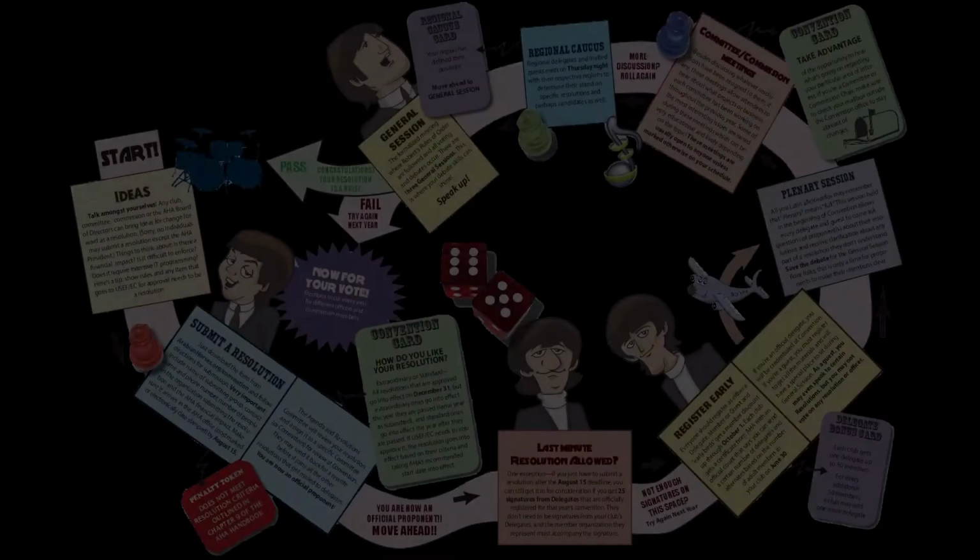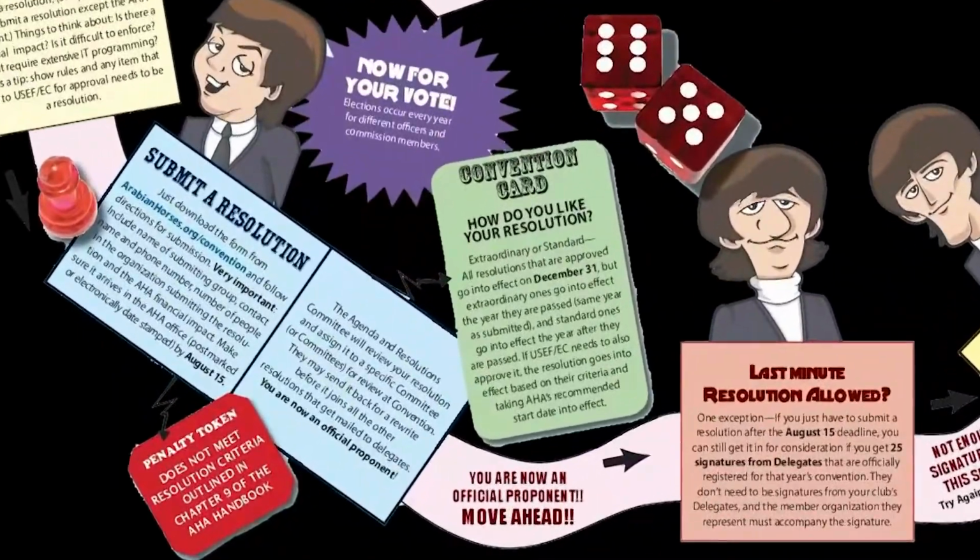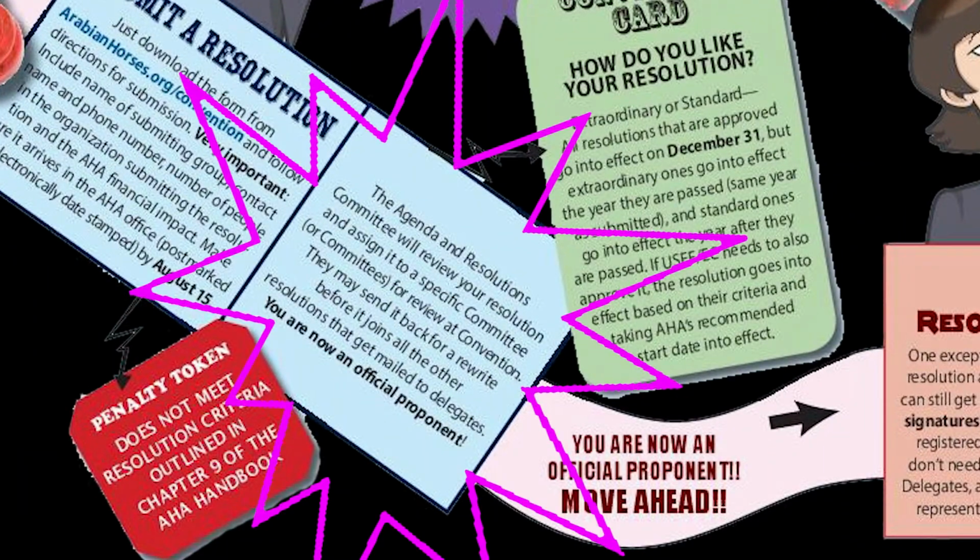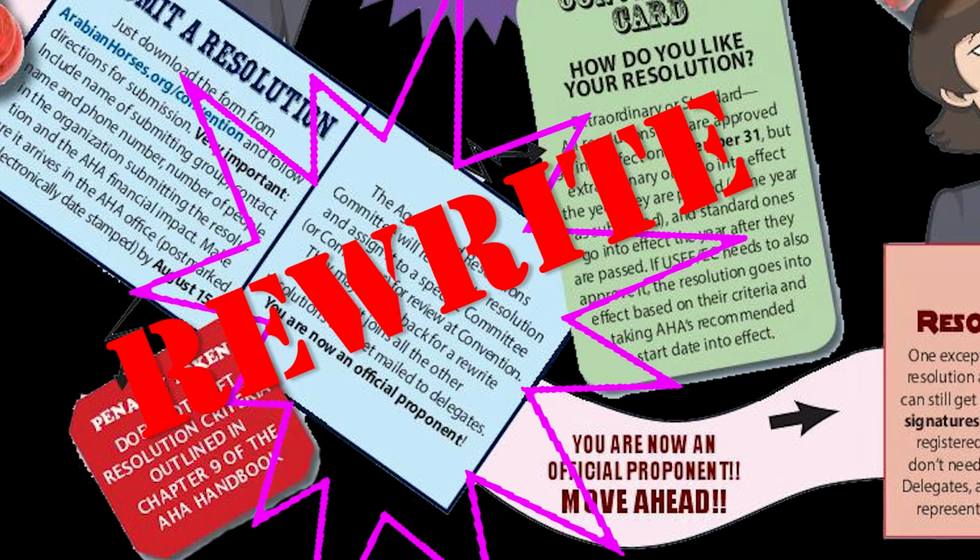With the review process with agenda and resolutions, if they find something that they feel should be modified and or changed to make it more clear to the delegation, they will submit it back to the proponent, that is the point person in a committee or commission and or club, and ask them to possibly change it for clarity. So once that is agreed upon by the proponent, it would come back and actually be submitted to the actual voting delegates with that possible change.